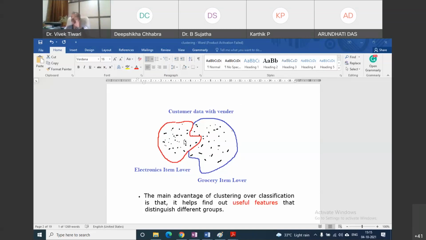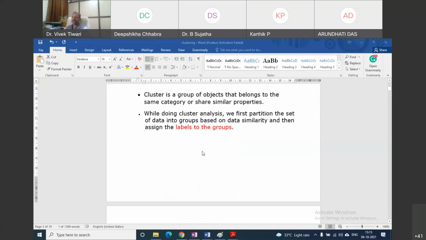So once you know these are groups of customers based on their characteristics, you can give them a label, like electronics item lover as the name of one cluster, and grocery item lover as the name of another cluster. That is the meaning of that line.